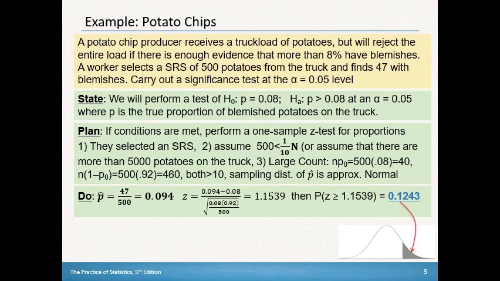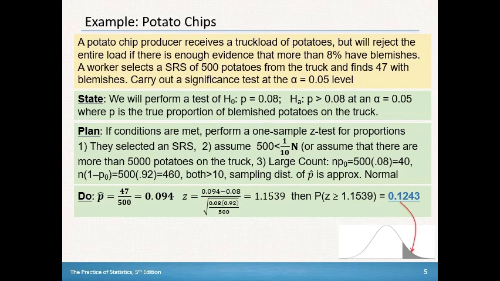All right, so our p hat in our sample, he finds that out of the 500, 47 of the potatoes have blemishes. And so that's a p hat of 9.4%. And that corresponds to a z-score of 1.15 and a p-value of about 12%.